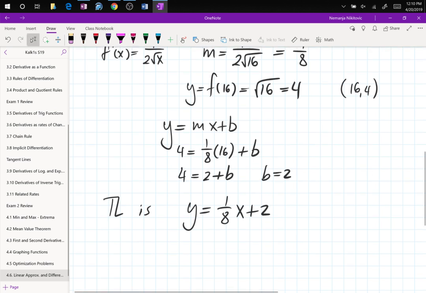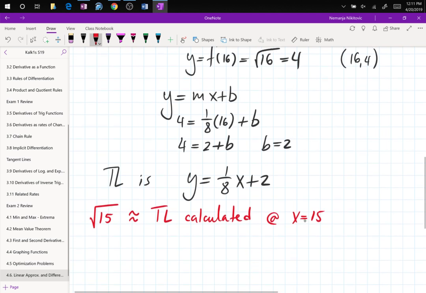Now, here is the $1 million thing. Square root of 15 is approximately equal to the tangent line calculated at x equals to 15. So, square root of 15 is approximately the same as 1/8 times 15 plus 2.